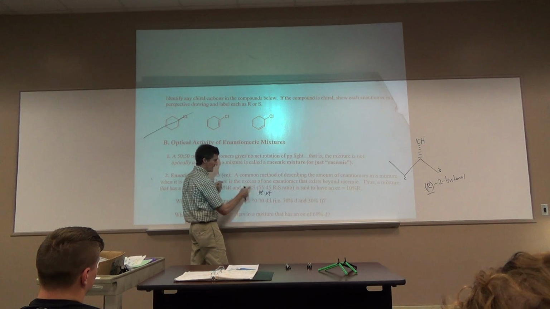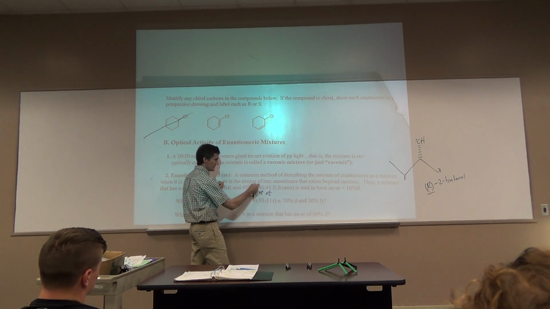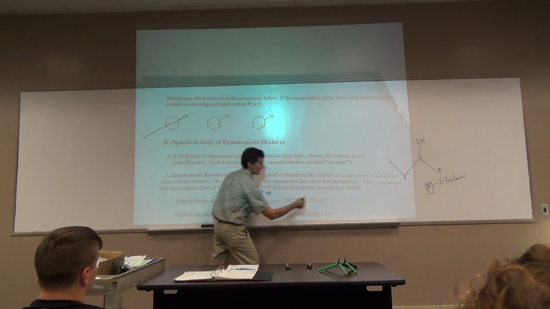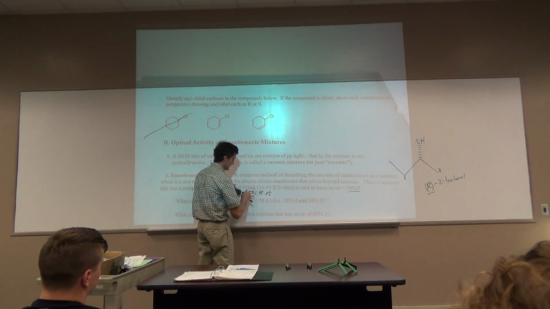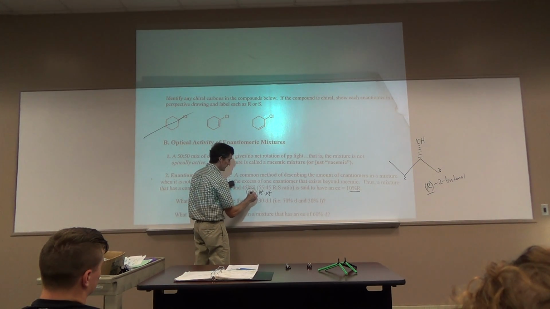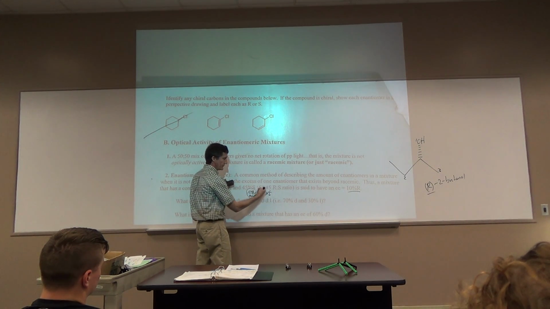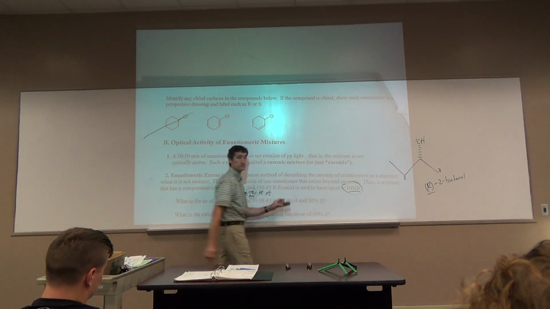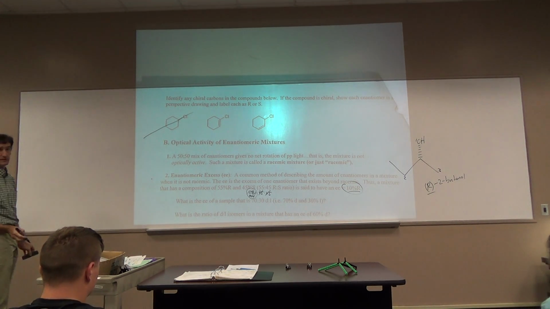What would you be left with? 10% of this one. I'm sorry, that should be R, because R is the greater one. After 45% of that cancels 45% of this, you're left with 10% of R. That's what the EE is: the amount left after racemic cancellation.